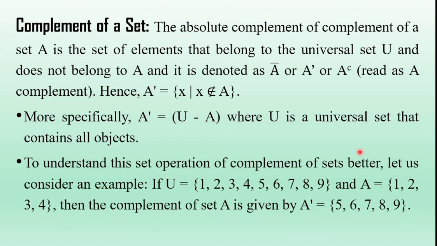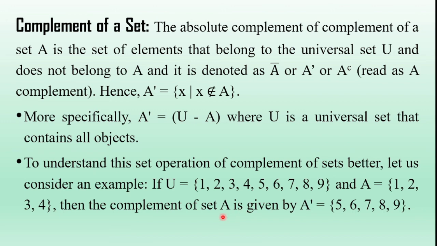Now an example of the complement of a set, to understand the set operation better. Let us consider the universal set U equal to {1, 2, 3, 4, 5, 6, 7, 8, 9} and the set A considered as {1, 2, 3, 4}.